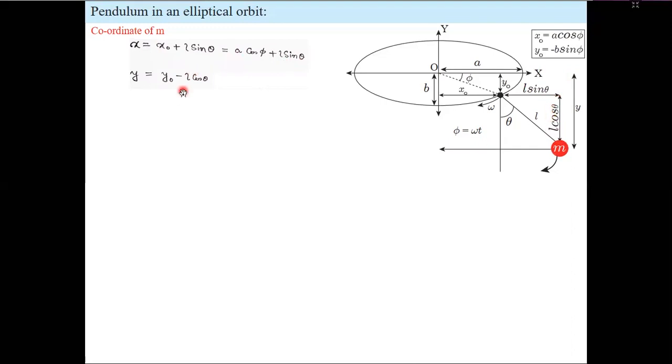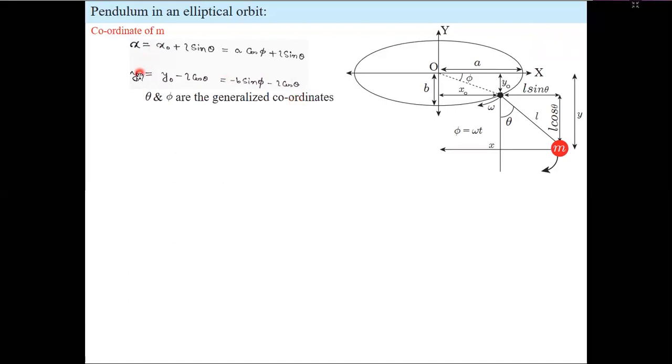So I took a negative sign because it is along the negative y direction, and at the end you can see this y part is entirely negative, and from here we can see that this x and y is actually expressible in terms of theta and phi variables, and therefore this theta and phi are the generalized coordinates for this entire problem. Now we have the generalized coordinates.